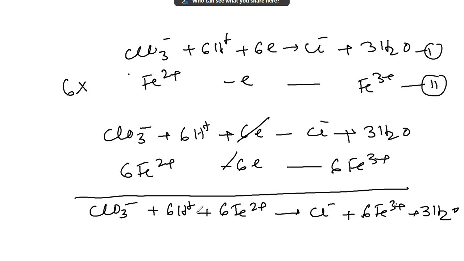This is the first one. Let's proceed with one more. Let us look at another equation which undergoes redox reaction, to be balanced by the ion electron method, given as N2H4 plus BrO3 minus.